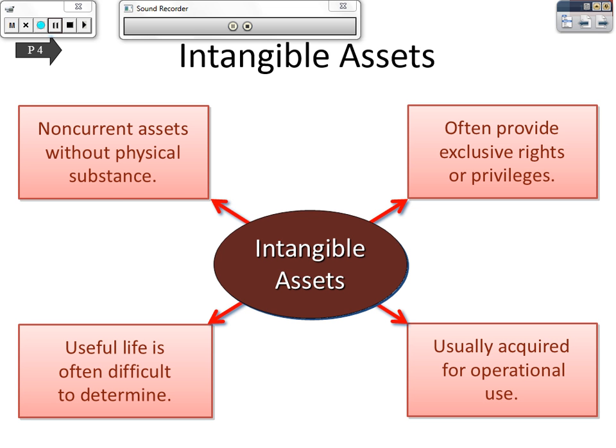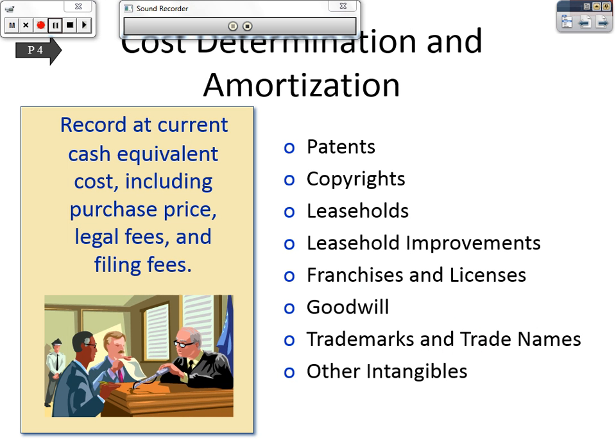Now, the different types of intangible assets that you have, page 412 and 413. First thing is a patent. A patent is basically that exclusive right or privilege that allows those who invent new things to protect them and use them. Okay? And a patent has a useful life of how long? 20 years.